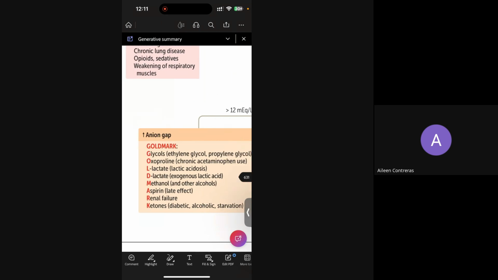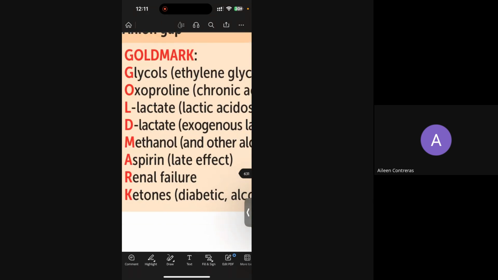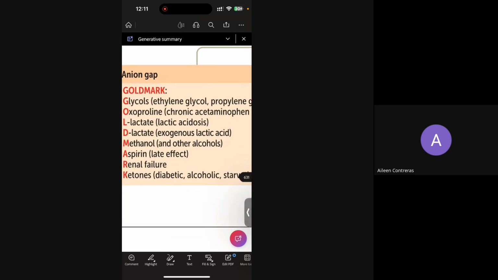Okay. Now see all the examples. Starting from ethylene glycol poisoning, you are adding glycolic acid. In lactic acidosis, you are adding lactic acid. In methanol poisoning, you are adding formic acid.